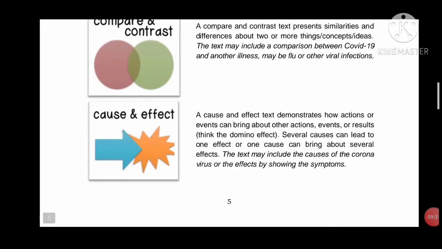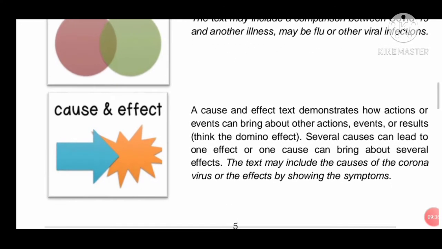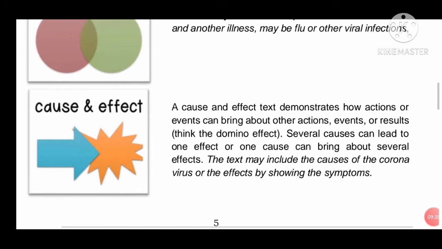Okay, next, cause and effect. I know you are familiar with cause and effect, sanhi at bunga. A cause and effect text demonstrates how actions or events can bring about other actions, events or results. Several causes can lead to one effect, or one cause can bring about several effects. The text may include the causes of the coronavirus or the effects by showing the symptoms.